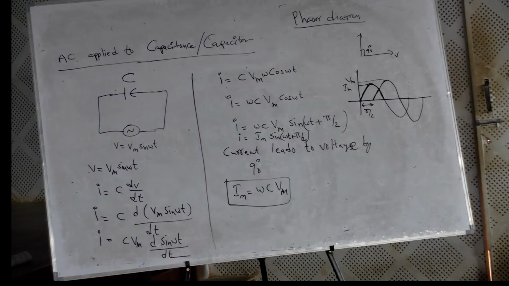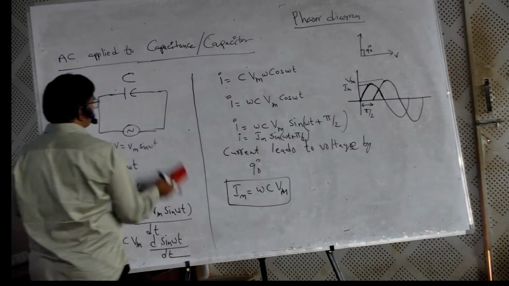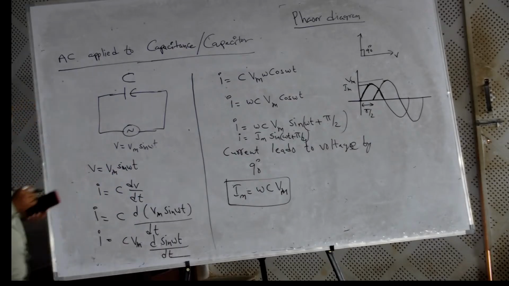What is Im in the inductor? Im is Vm by omega L. What is Im in the capacitor? Im is Vm into omega C. These four formulas are very, very important.